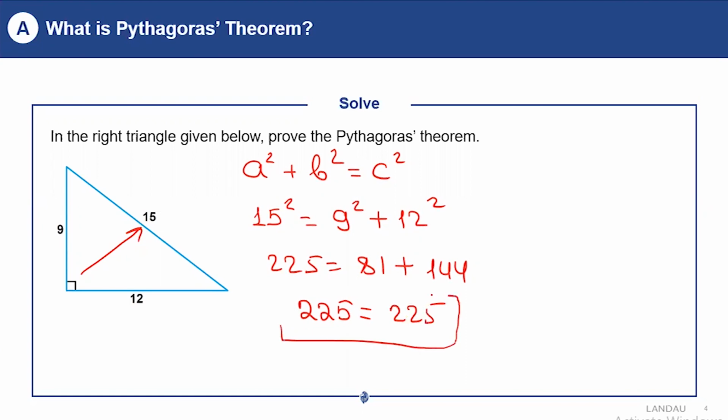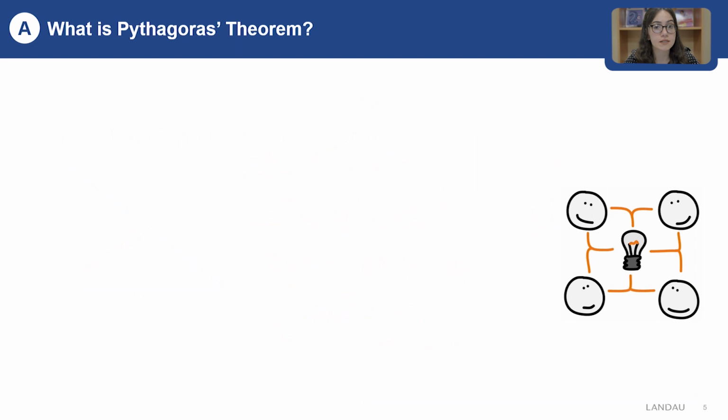So as you see here, we got the correct equation, which means the Pythagoras theorem is satisfied for this triangle. We learned that the formula is C squared equals A squared plus B squared.